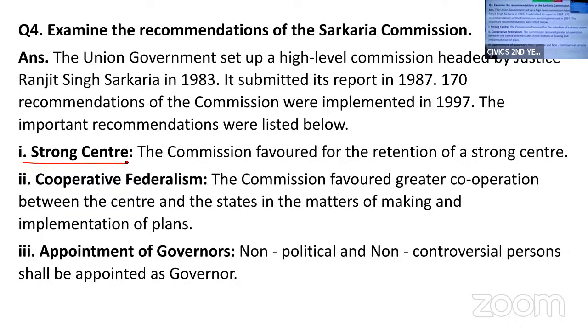But the commission suggested that the center should be strong. If the central government is strong, then it can protect the unity of the state. So the commission favored the retention of a strong center. The central government should be more powerful than the state government.